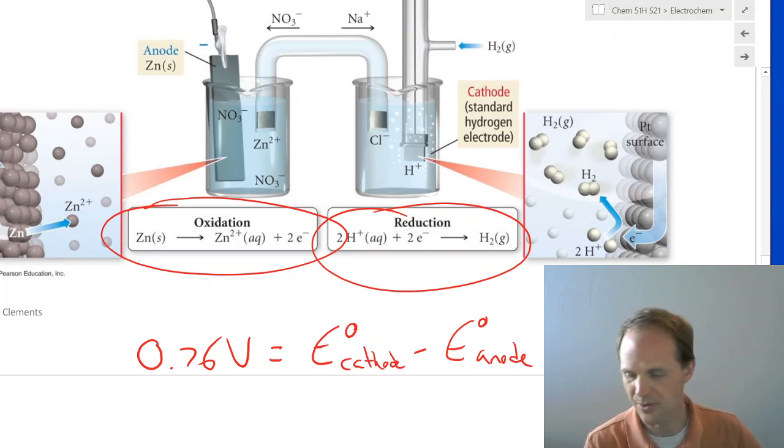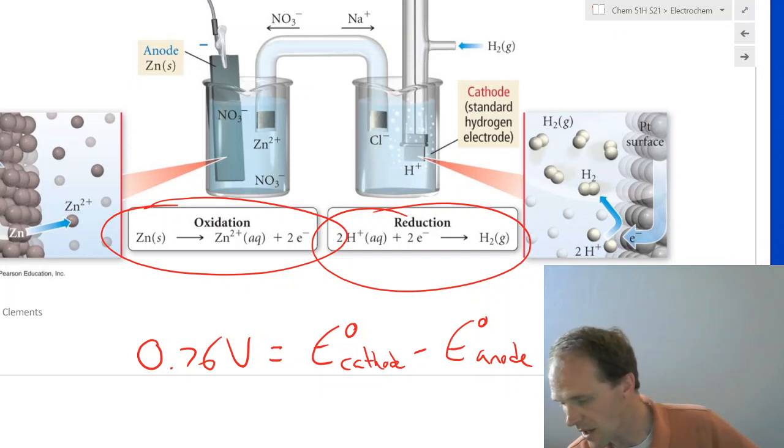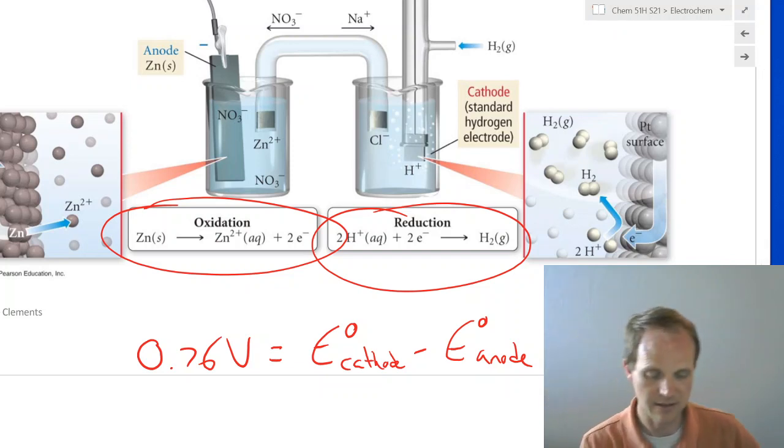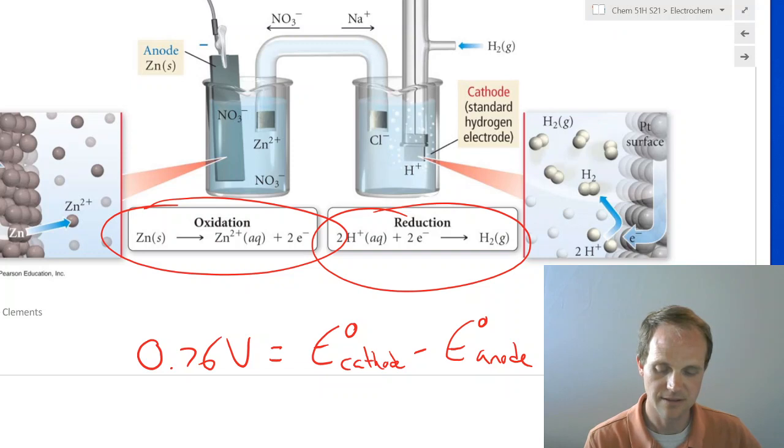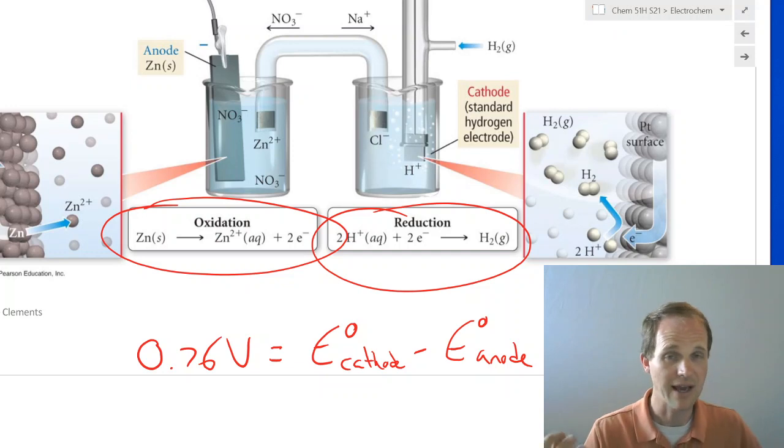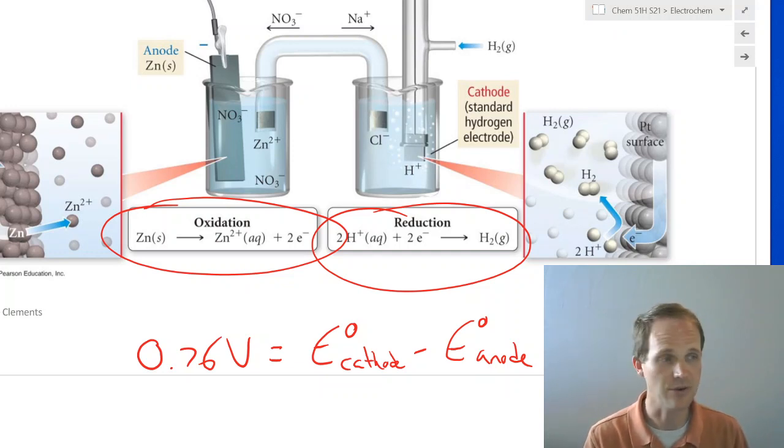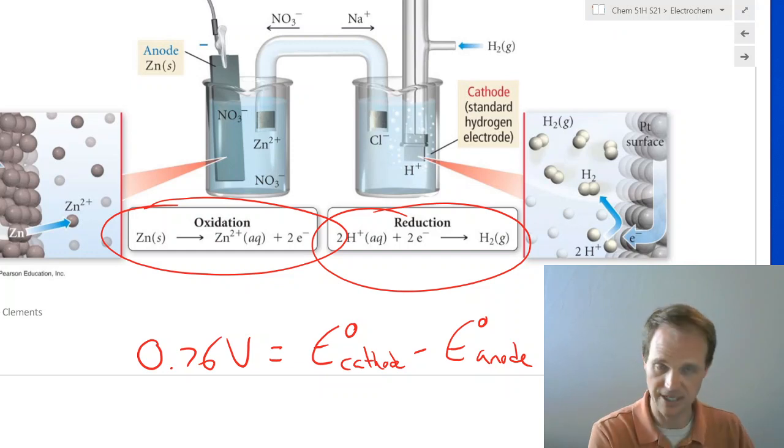Well, which one's my cathode and which one's my anode? We know that the thing that gets reduced is your cathode. The thing that gets oxidized is your anode. So in this case, since we saw reduction on the side of the standard hydrogen electrode, that reduction must be my cathode. Now, how do I know the cell potential of the standard hydrogen electrode? Well, you know the standard cell potential of the hydrogen electrode by putting it against a standard hydrogen electrode.